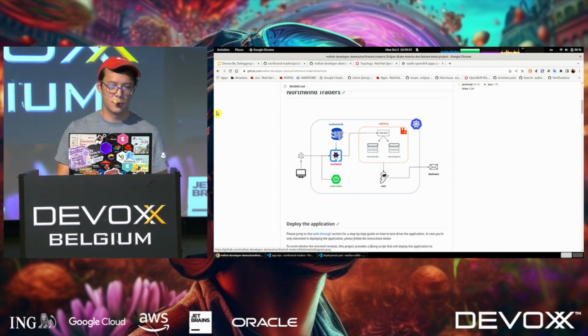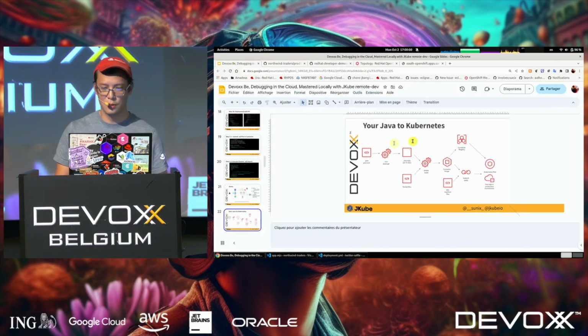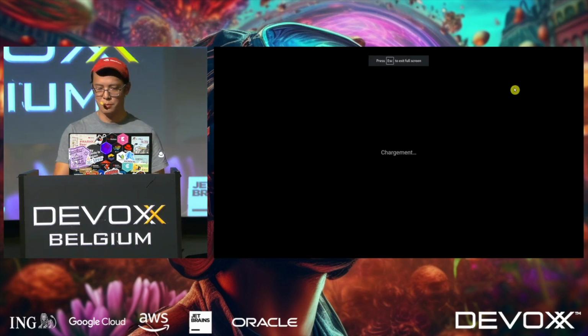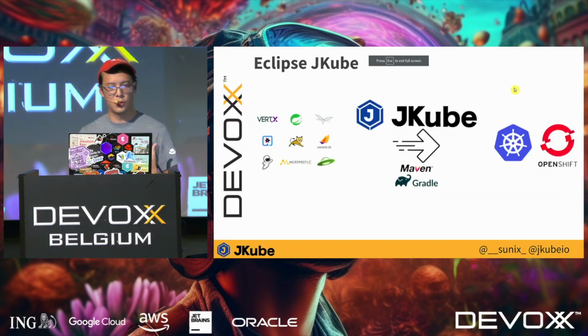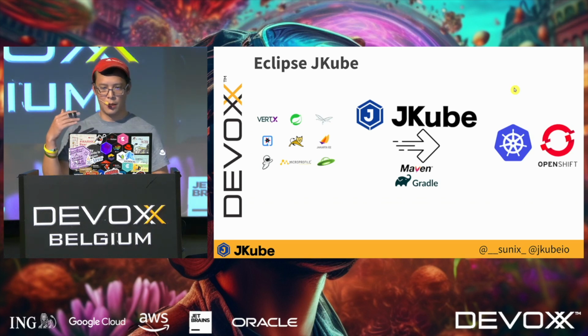So what I'm going to do is to use JKube. So JKube, basically, it's a collection of projects, Maven plugins and Gradle plugins that you install in your project, and once you have installed these plugins, it will provide you some tools to build the container image, to generate the Kubernetes YAML files, and to apply everything in the cluster.